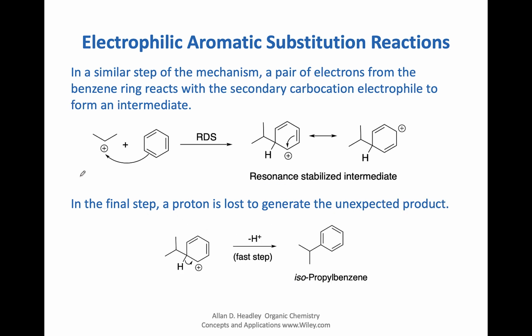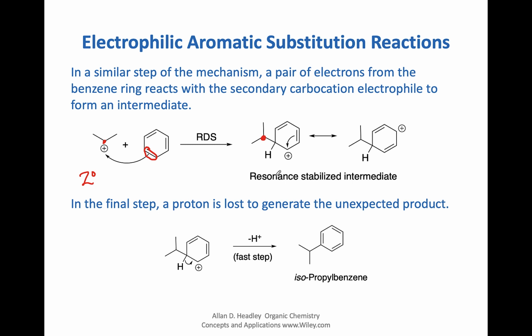The secondary carbocation, which is generated by a 1,2 hydride migration, as we have seen before, will react similarly. Benzene, two electrons from benzene, reacts here. So here's that carbon, this carbon right here.